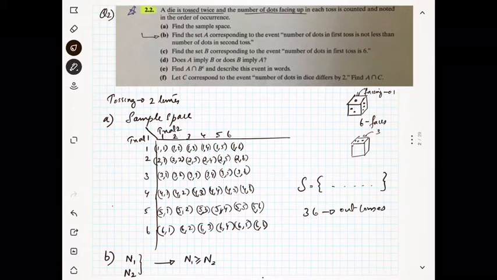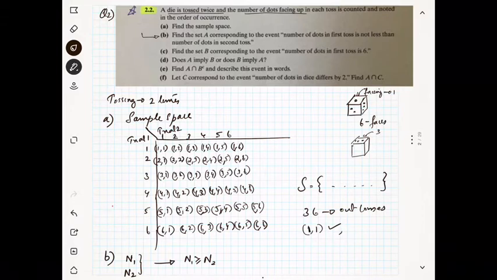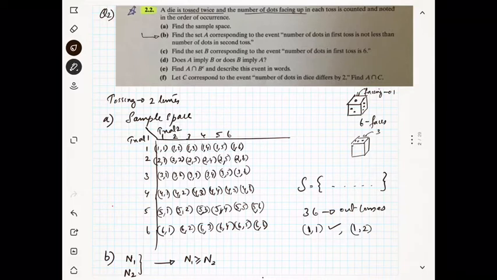For example, 1 comma 1 is okay, because in the first toss you get 1 and the second toss is also 1. But if you take 1 comma 2, in the first toss you get 1, but the second toss is greater.